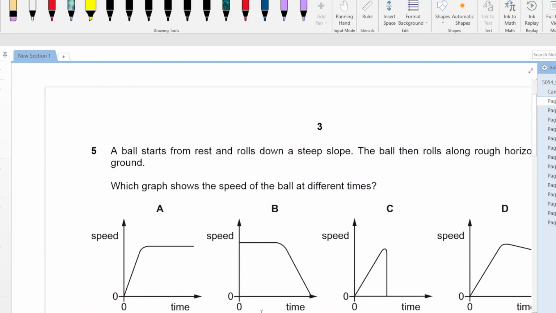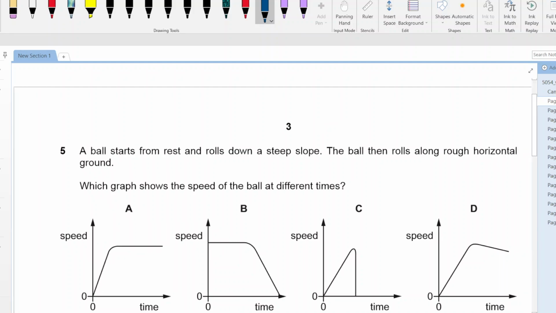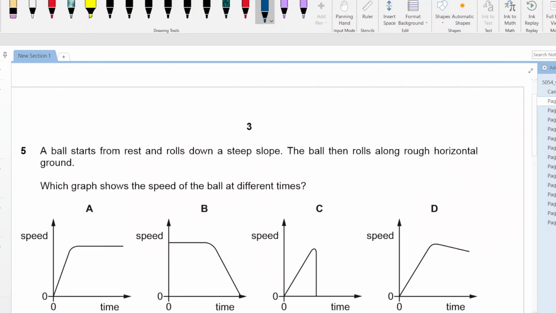Now I am at question 5. A ball starts from rest and rolls down a steep slope. The ball then rolls along a rough horizontal ground. Which graph shows the speed of the ball at different times?